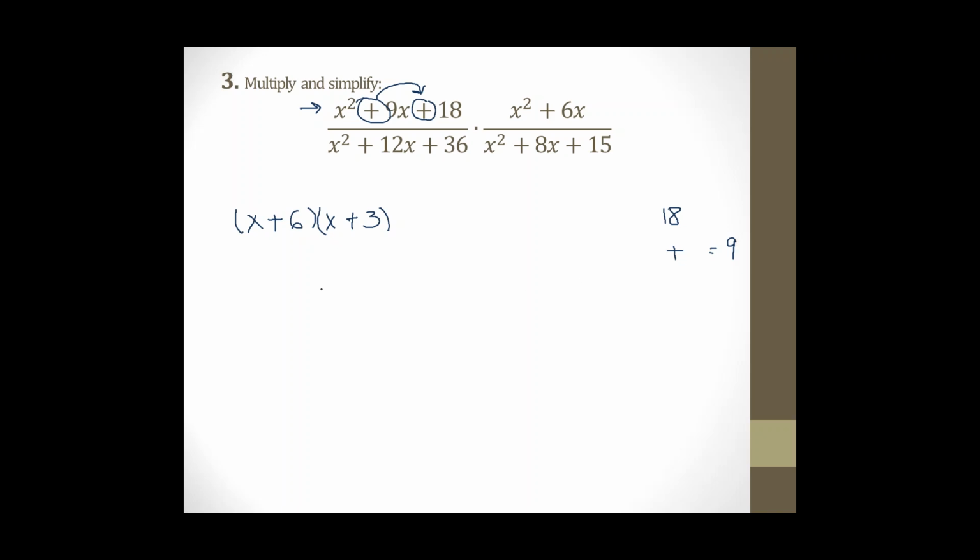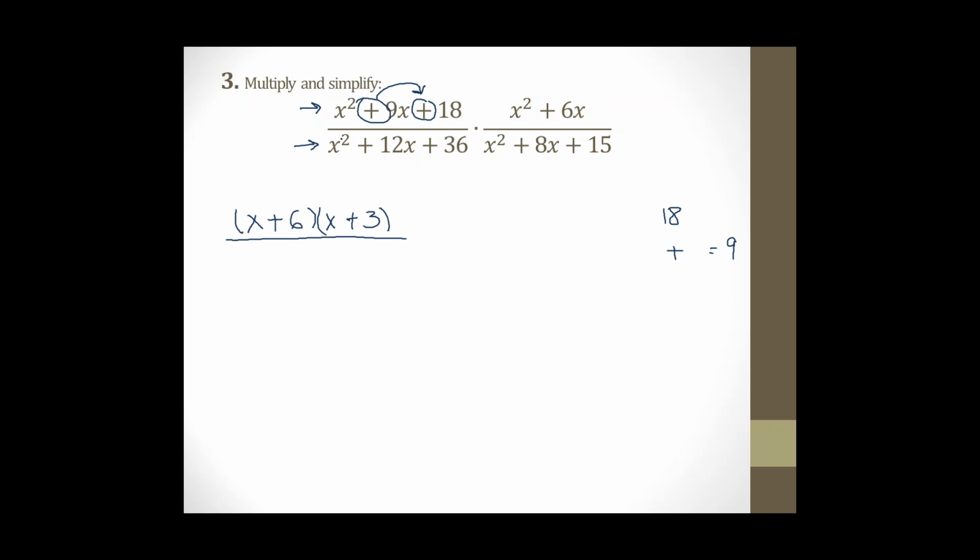So let's move on. That is correct. Let's go to the next problem. I'm going to do the denominator now, which is also factoring. In this case, I noticed that this is possibly a perfect square trinomial because the 36 is a square.